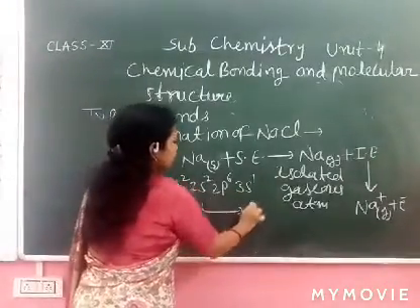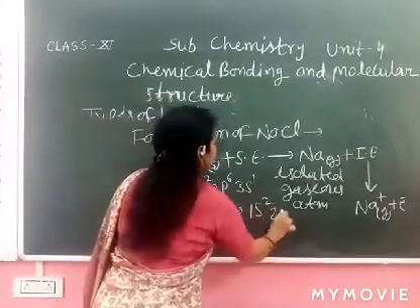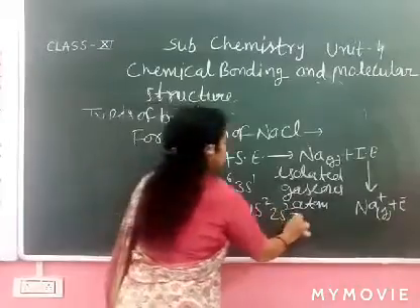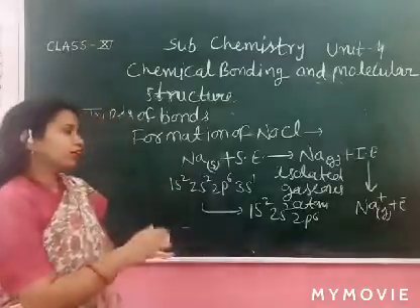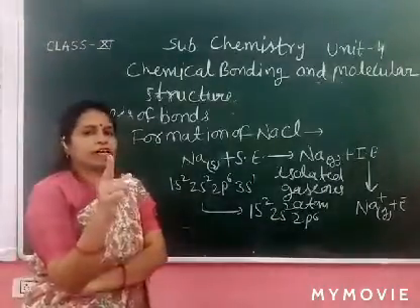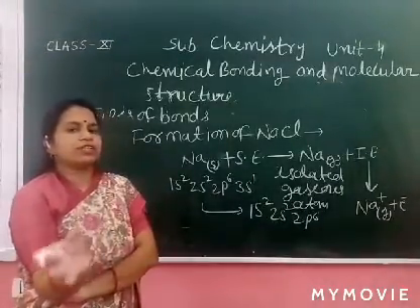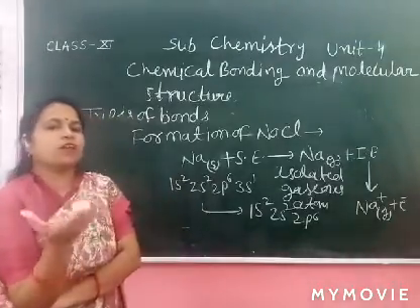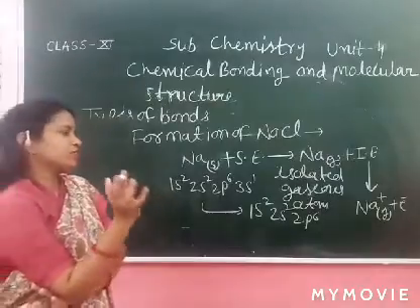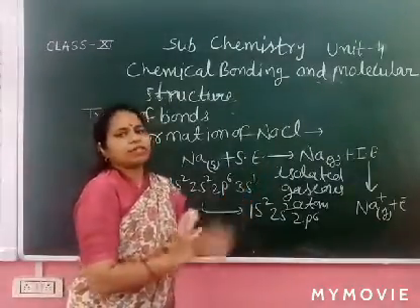After removal, it converts into the neon gas configuration. Octet is complete. Sodium lost its one electron to get stability, to acquire the inert gas configuration, to acquire the octet in the outermost shell. So it becomes stable.